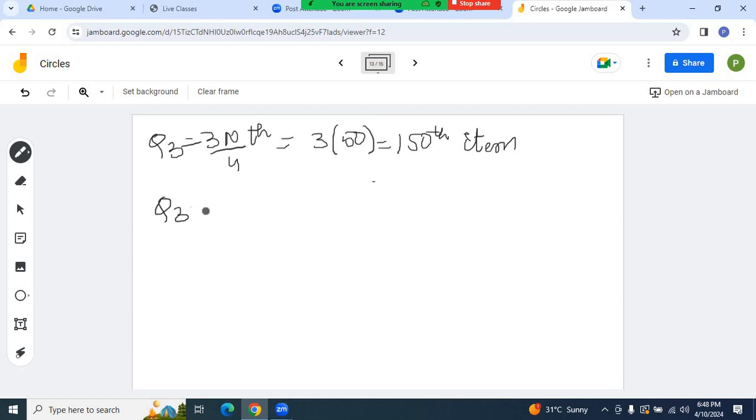So Q3 will be L plus 3n by 4 minus CF upon frequency into i.